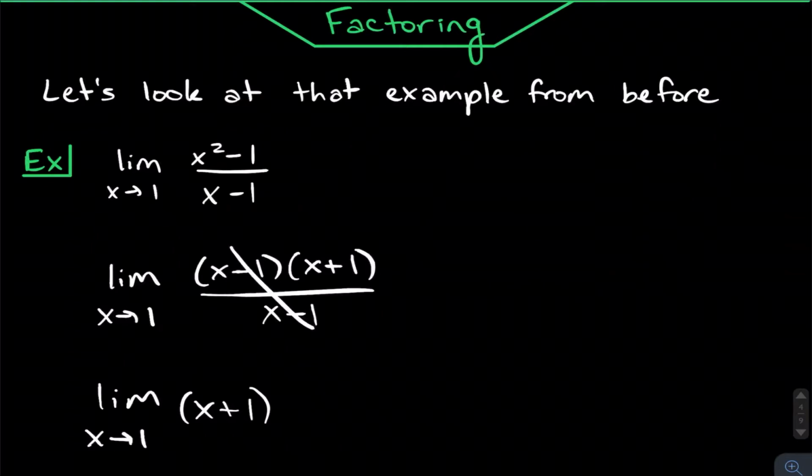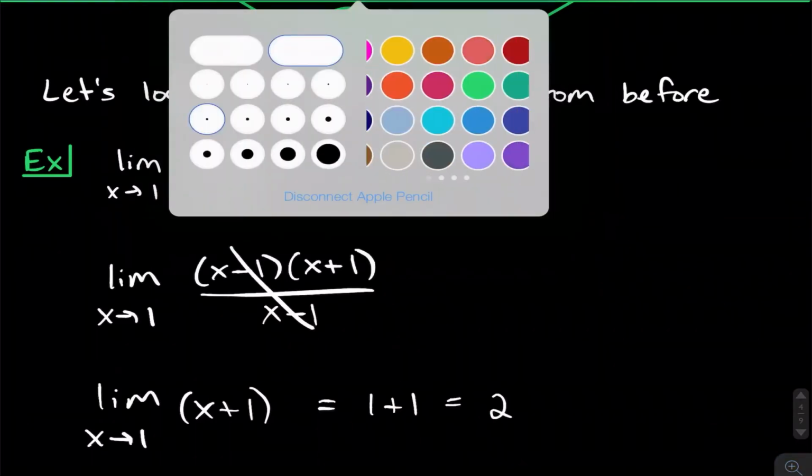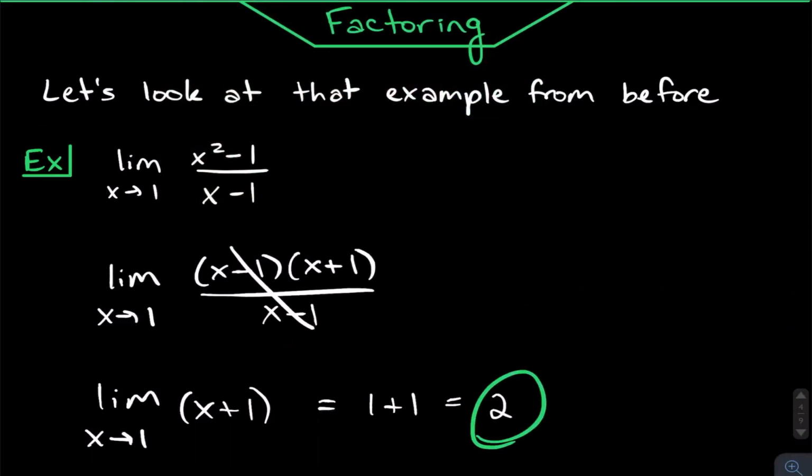We can plug the 1 in for x, and we get 1 plus 1. This is the hardest part of the problem. This is 2. And that's what this limit ends up equaling.